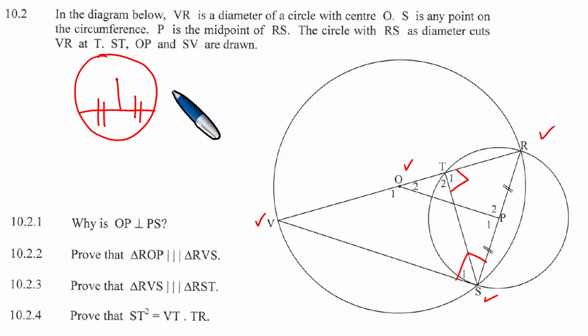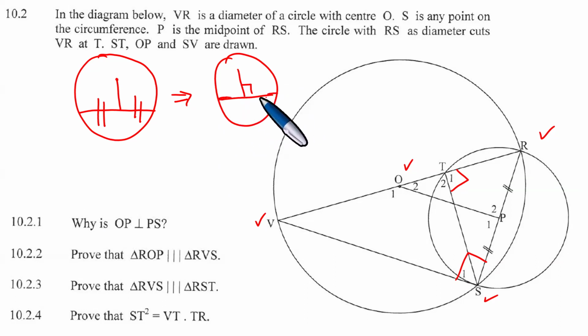If this happens at grade 11, we already know this means that we have this perpendicularity. So because we have a line from the center that bisects the chord, it means it is perpendicular to the chord, like that.